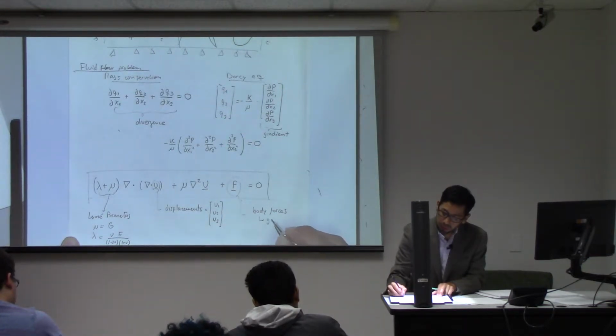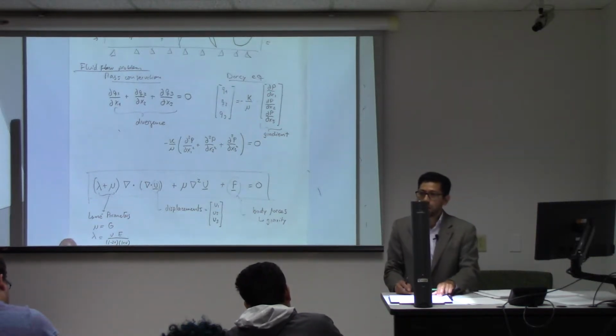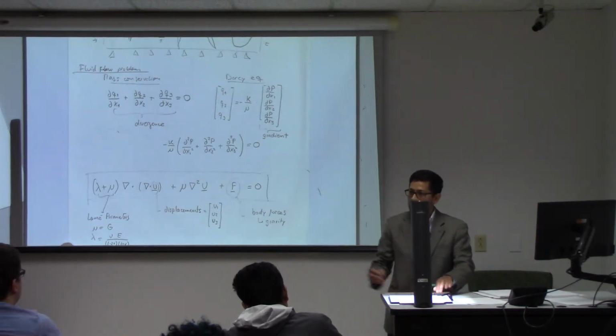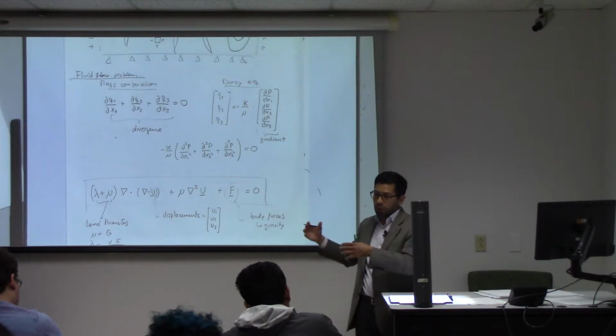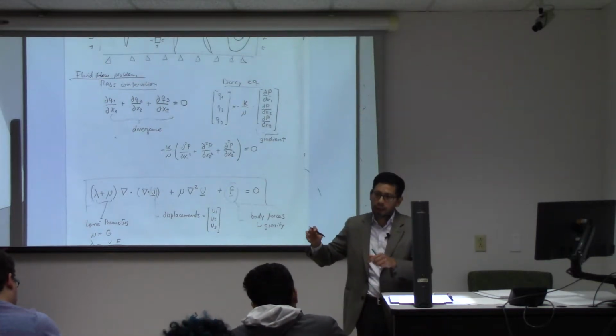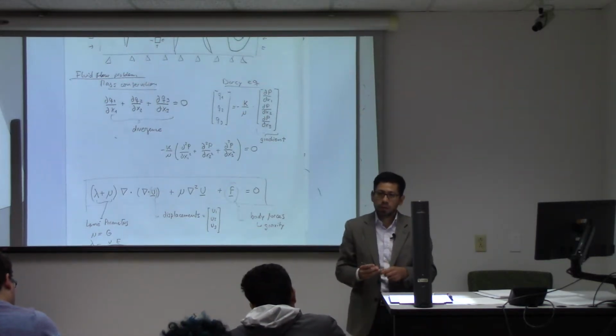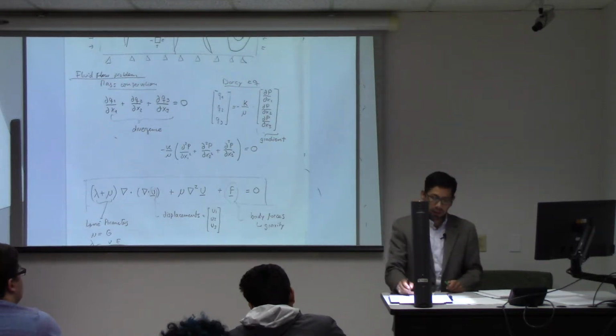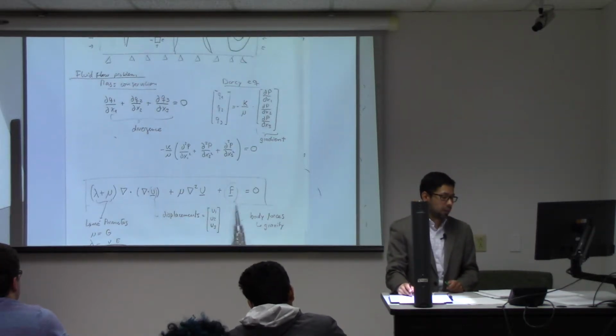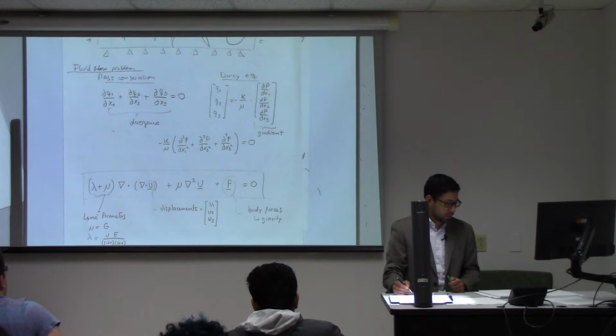The most common one is gravity. In problems of sand production, if you have a lot of drag of the fluids in the sand, you may add that term. But this is something that depends on internal forces.